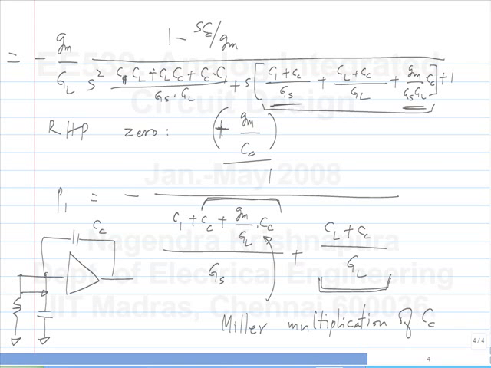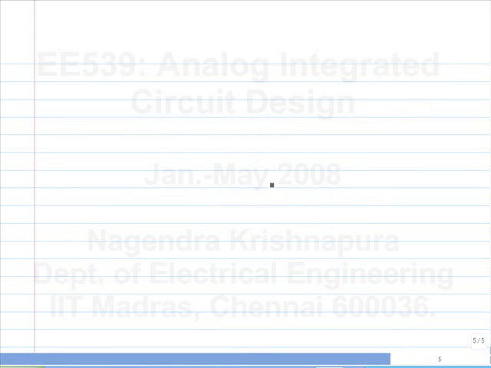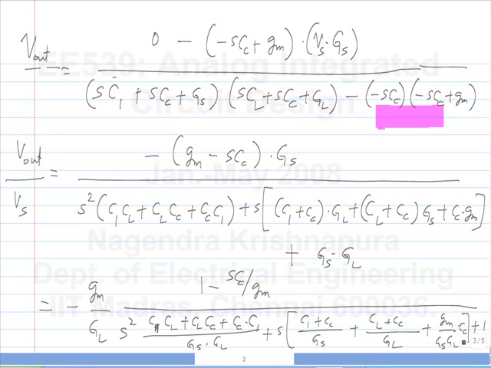What about the second pole? Did you guys recognize it as the Miller multiplied capacitance when you did the analysis? It is pretty clear, right? What's the second pole value? Again, using the same approximation, we have the coefficients here.